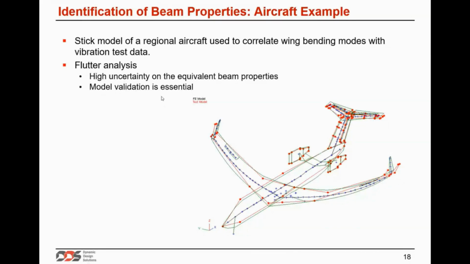And so by using more global simplified models that are still useful, not for all applications but for many applications, the more simplification is done, the more there is a need for validation of the equivalent model. So this is clearly illustrated by this type of application for aircraft modeling.